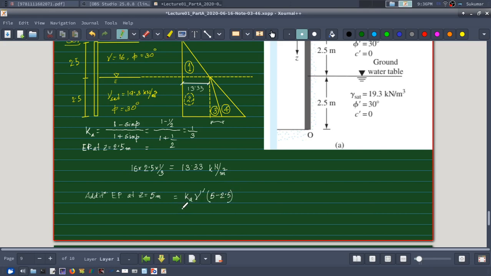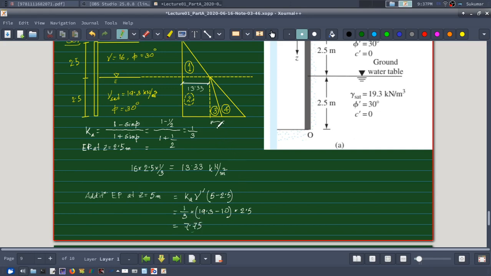So Ka is 1/3 into gamma submerged, 19.3 minus 10, into 2.5, and this will be equal to 7.75.